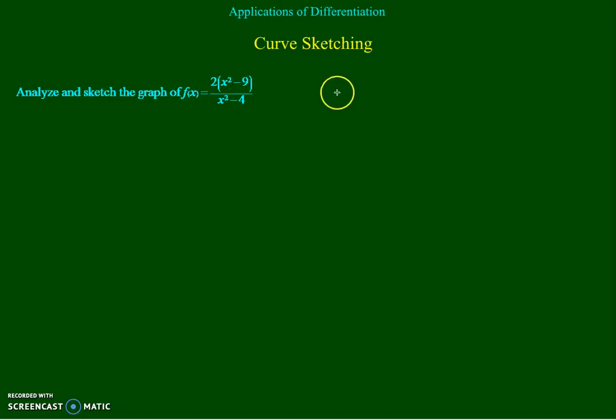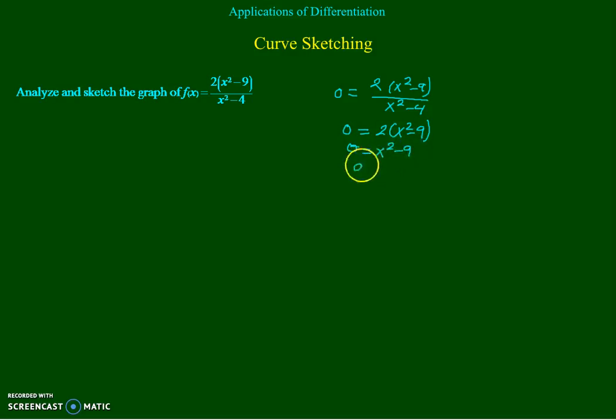So if we set this equal to 0, we see that the denominator is going to go away, so we have 0 equals 2 times x squared minus 9, and the 2 goes away, so we have 0 equals x squared minus 9.